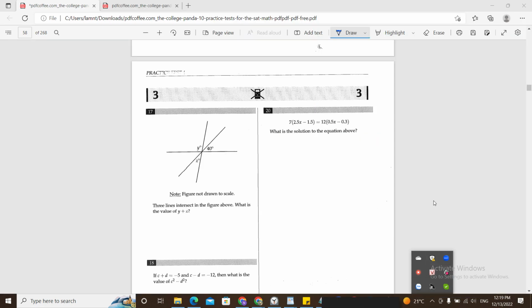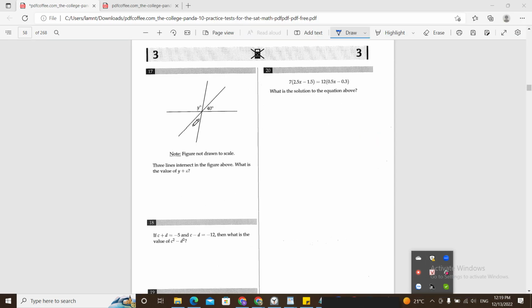So you can see this 40-degree angle is the opposite angle of this angle, right? So this angle is also 40 degrees as well, because they are opposite angles.